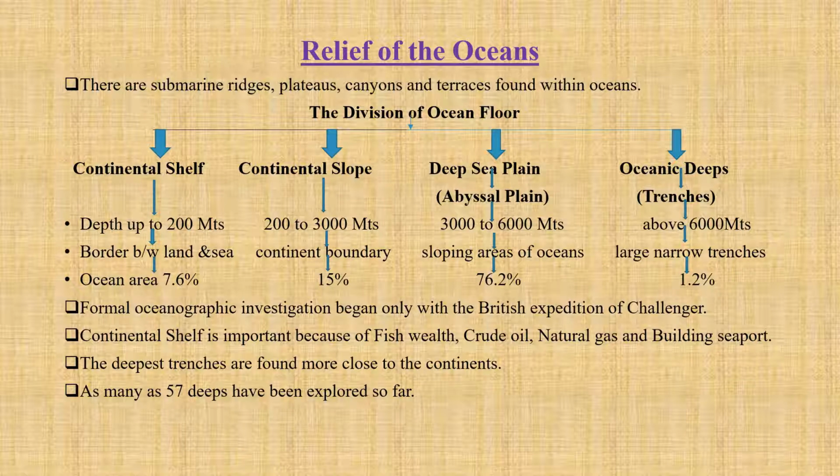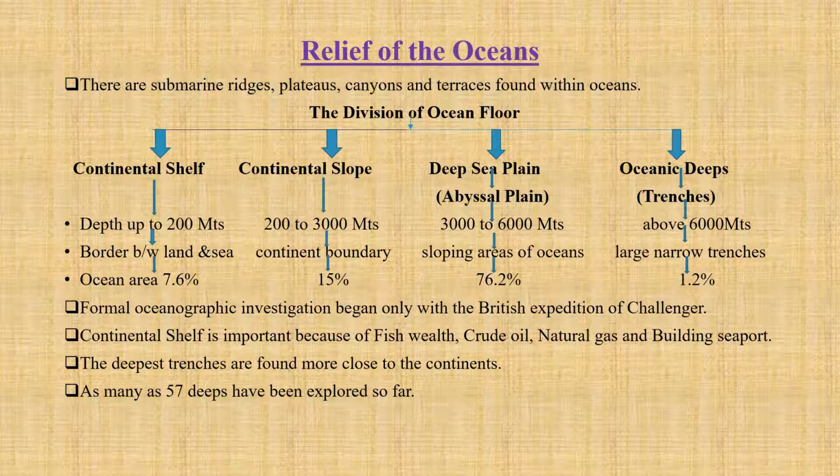Oceanic deeps have a depth of up to 6,000 meters. So oceanic deeps are trenches. So these are the large narrow trenches. So they occupy 1.2% of the ocean area.